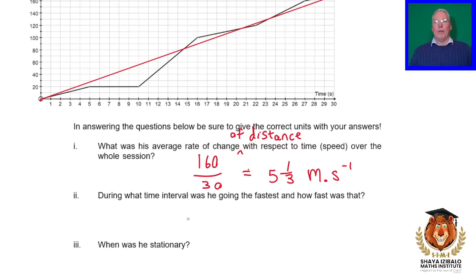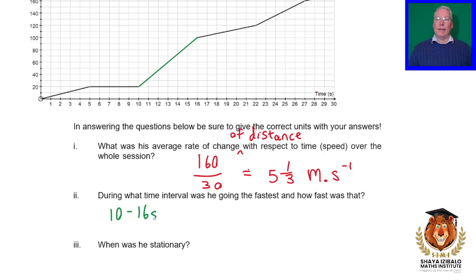During what time interval was he going the fastest, and how fast was that? Now we need to look at where the graph is the steepest, and the graph is the steepest on this piece over here, between 10 seconds and 16 seconds.